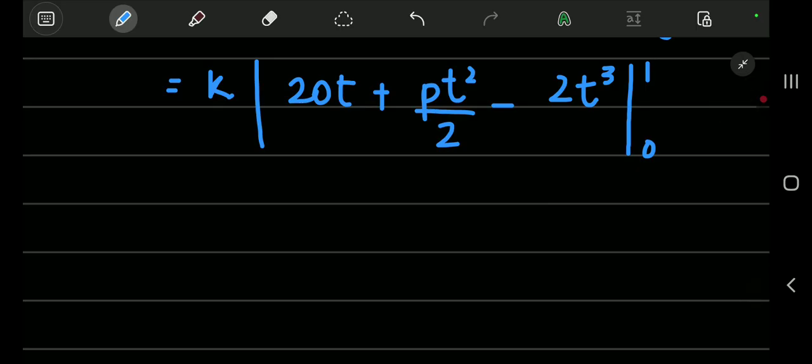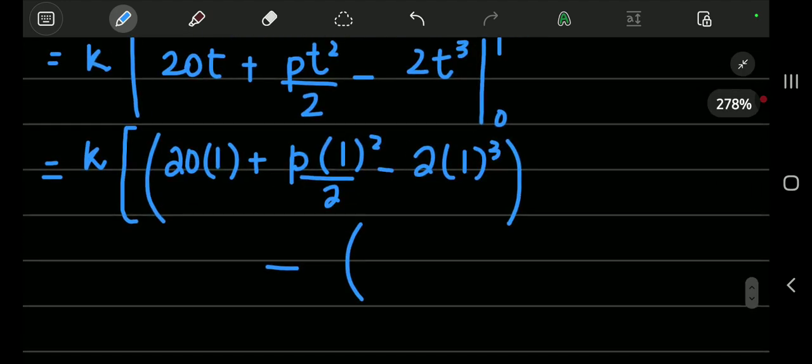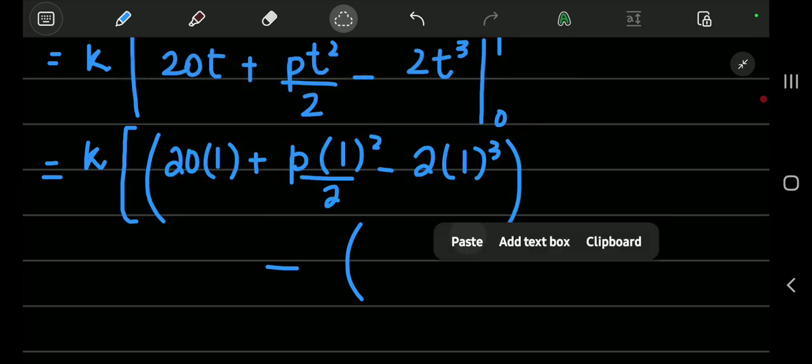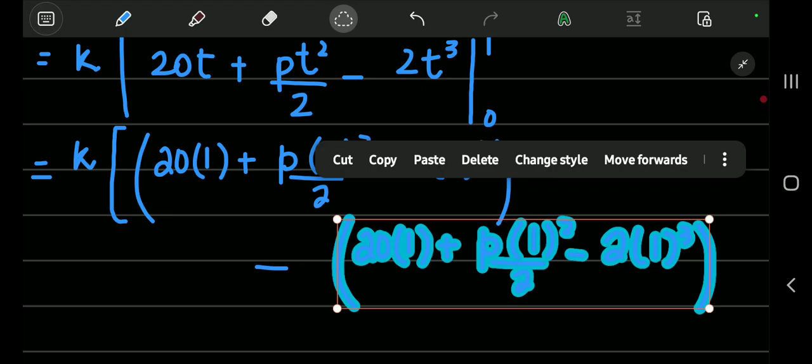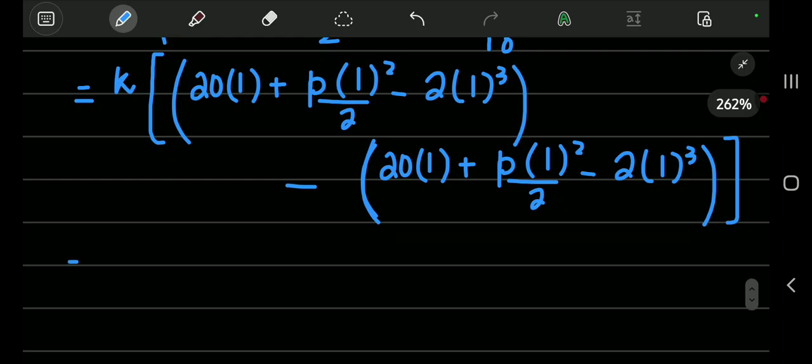Let's put the values now. This is 0 at the lower limit.